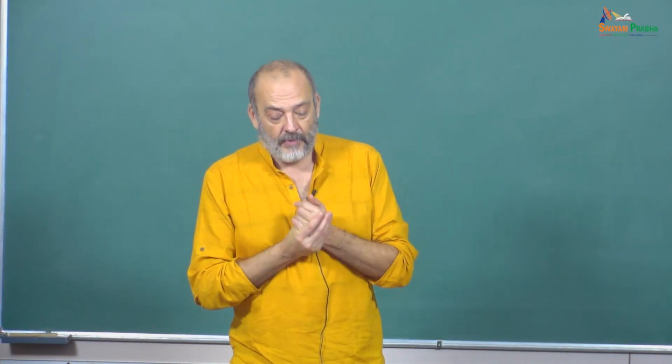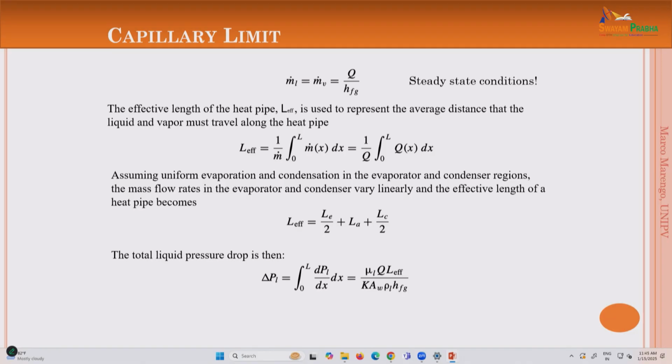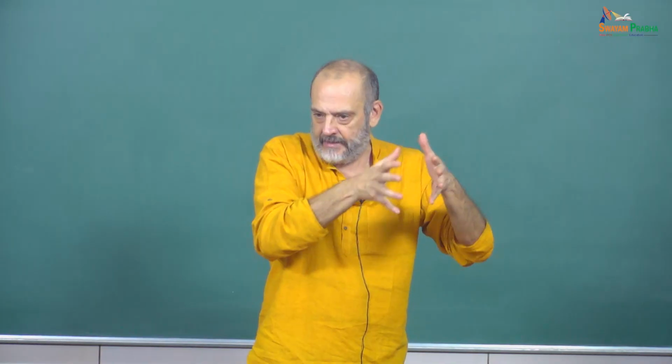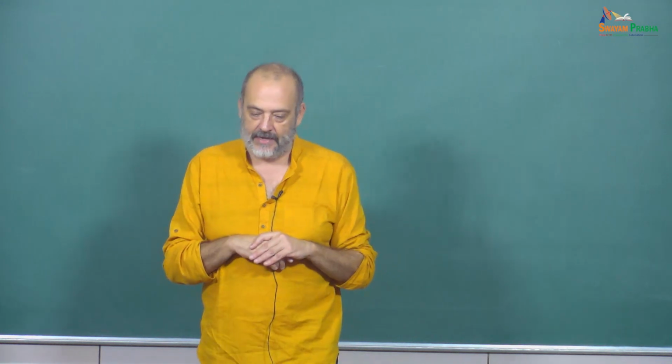Another point is that if we know the mass flow rate along the heat pipe, we can define an effective length of the heat pipe. This is also a pretty important point, because we can assume that the effective length is one half of the evaporator length plus the length of the so-called adiabatic section, this means where we don't have the evaporation, we don't have the heater, and we don't have the cooling system, plus one half of the condenser length.